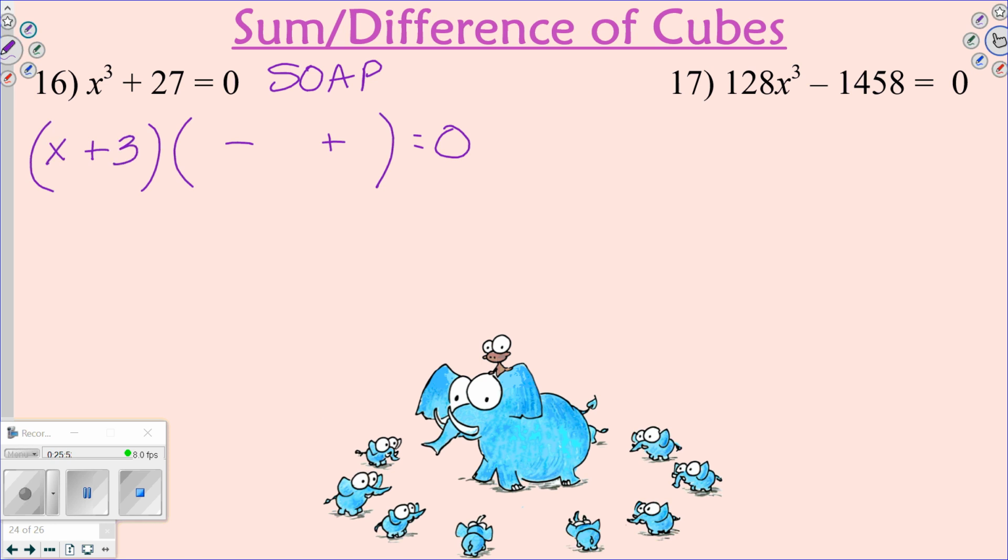Do I care about the original problem any longer? How do you get the numbers in the second part? Square, multiply, square. What is x squared? Multiply x times 3. And then square. What's 3 squared? Will that ever factor further? No, it will not factor further.